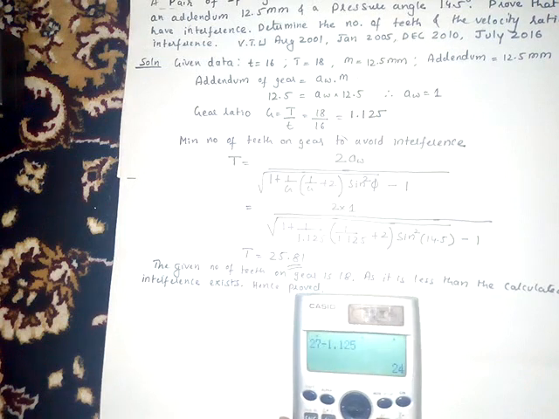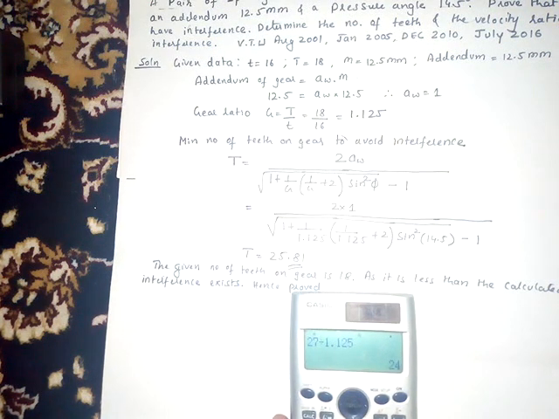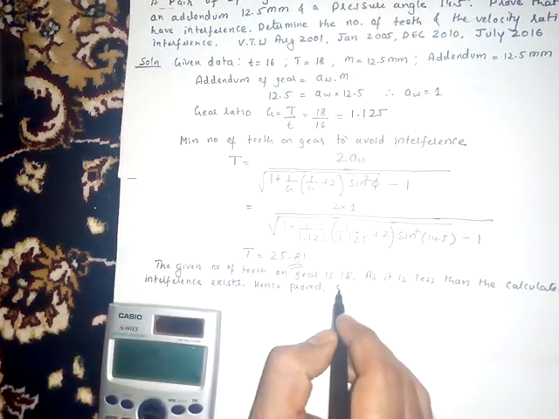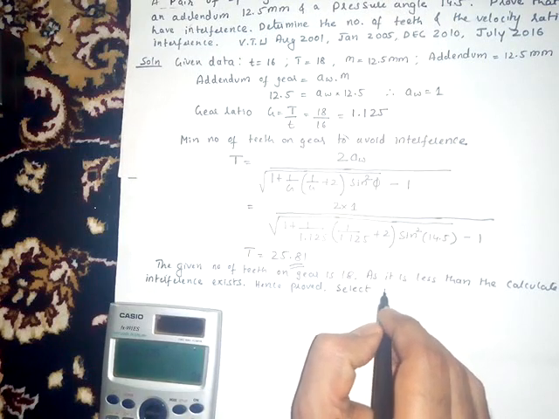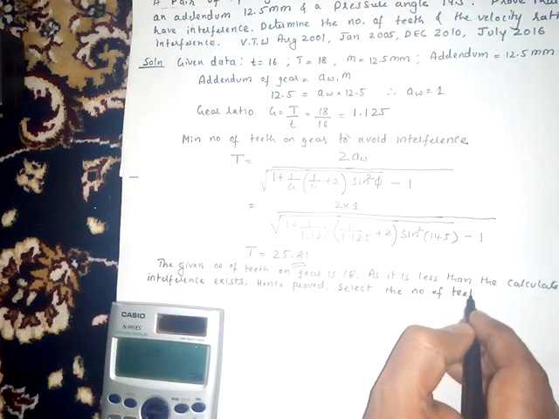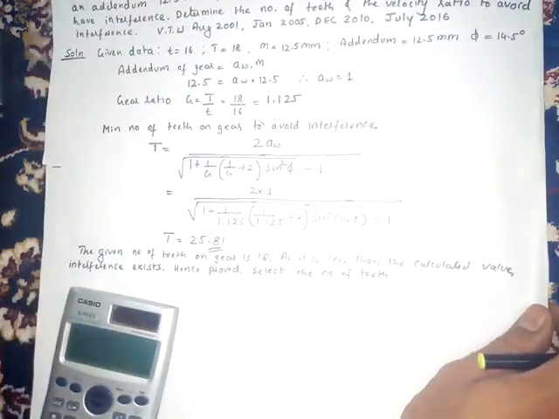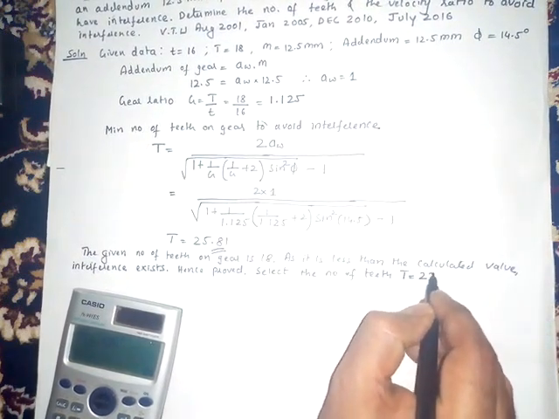So 24 is a whole number, so we can select 27 as the ideal number of teeth. So now select the number of teeth T is equal to 27.